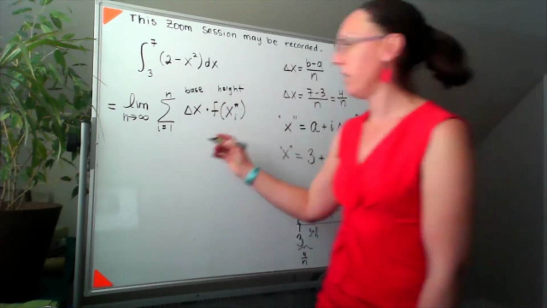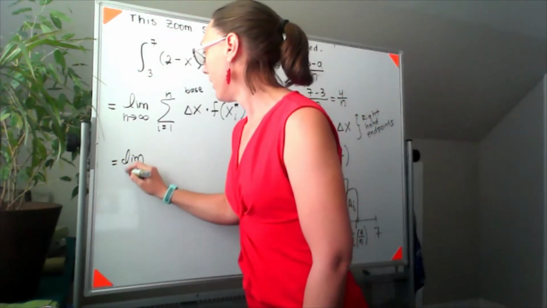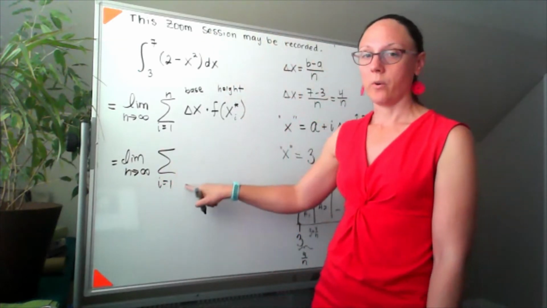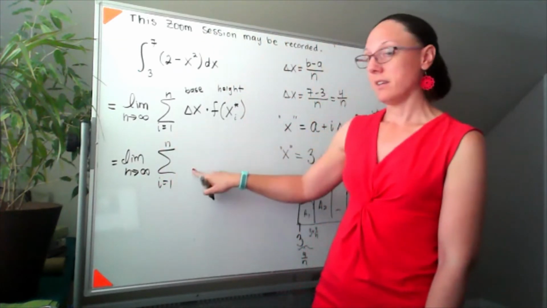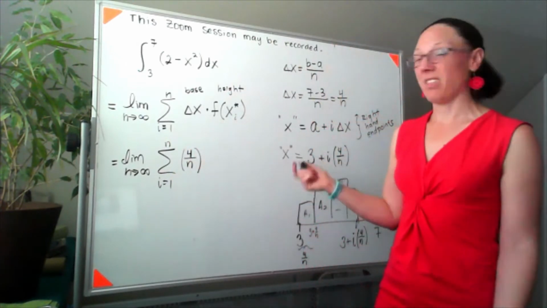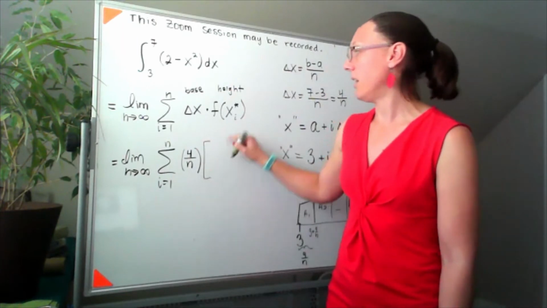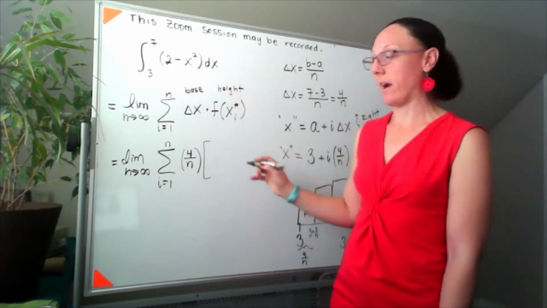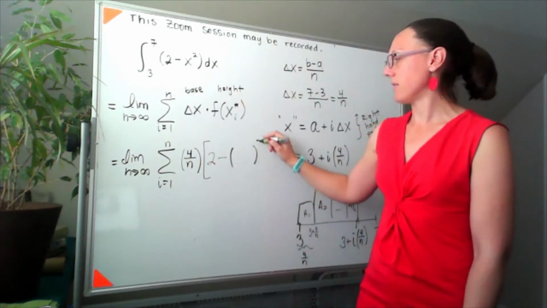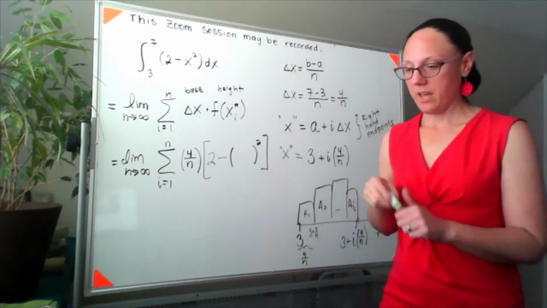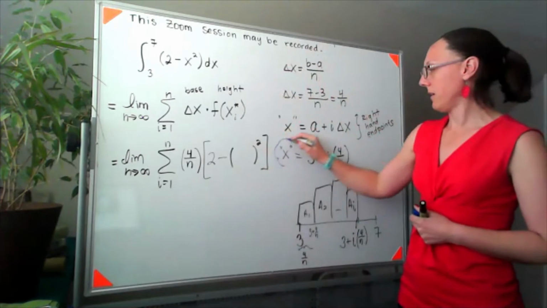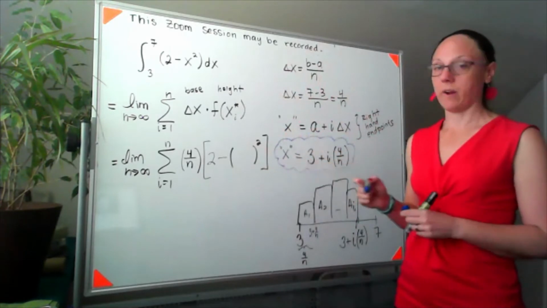Putting that all back together in our summation here, we're going i from 1 to n. Delta x was 4 over n. And then the function part gets a little bit messy, but the function was 2 minus x squared. So that's going to look like 2 minus x squared. And that x is coming from right here.